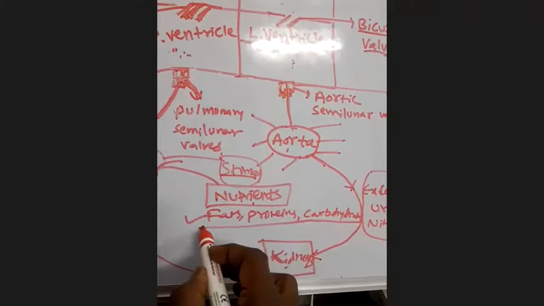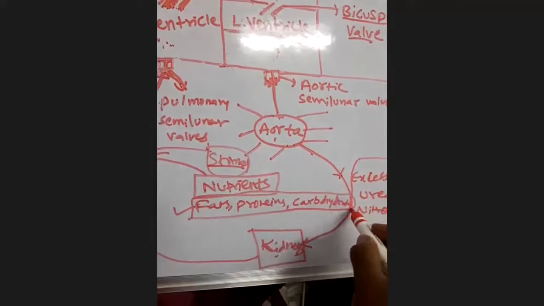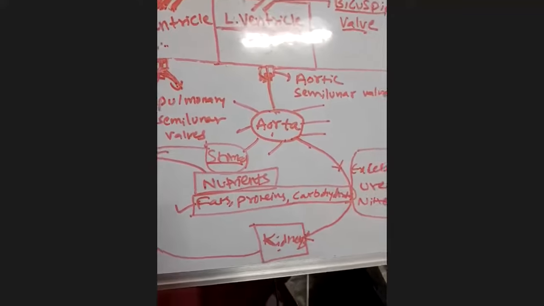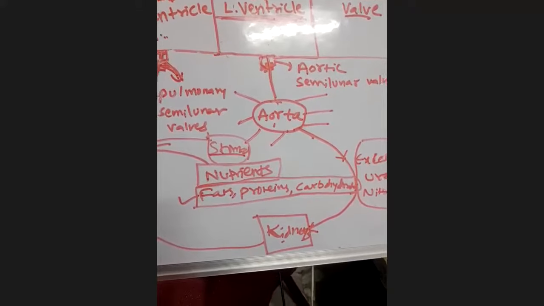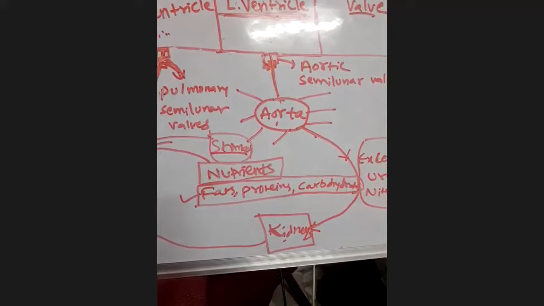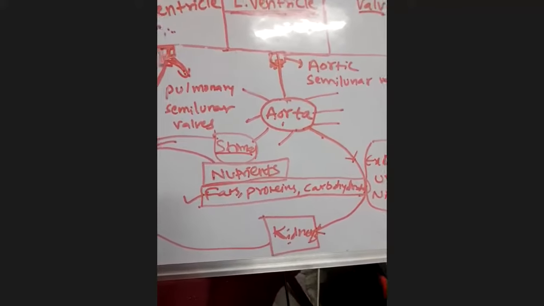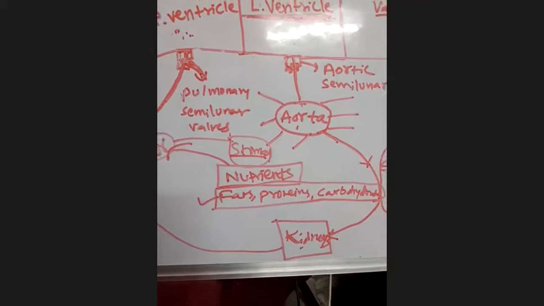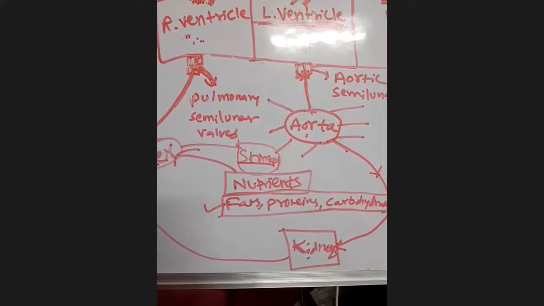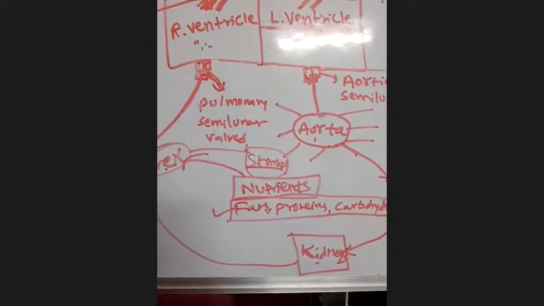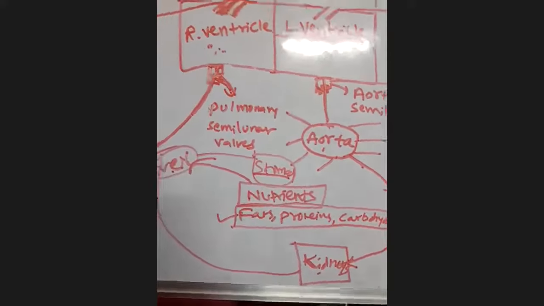We require these nutrients in large quantities: fats, proteins, and carbohydrates. And then we also need micronutrients like vitamins, calcium, and minerals.